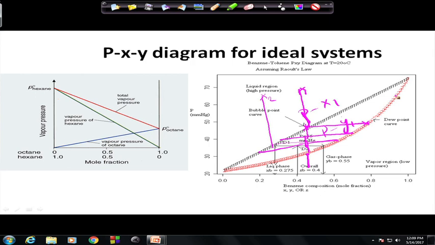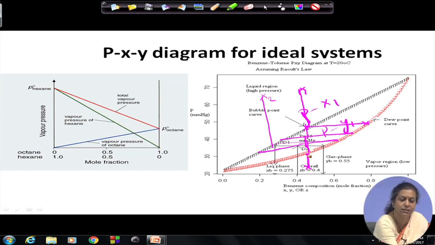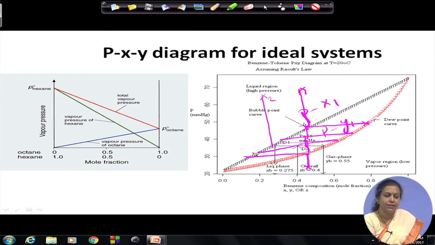In the same way, suppose we had started from here and started compressing the vapor phase. When the compressed vapor phase reaches the saturated vapor region, the first drop of liquid, the first dew which appears, would have a composition given by the horizontal line from here when it touches the saturated liquid region.